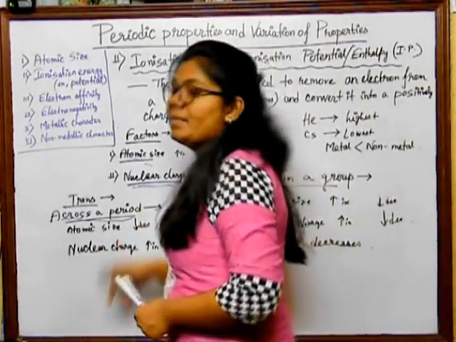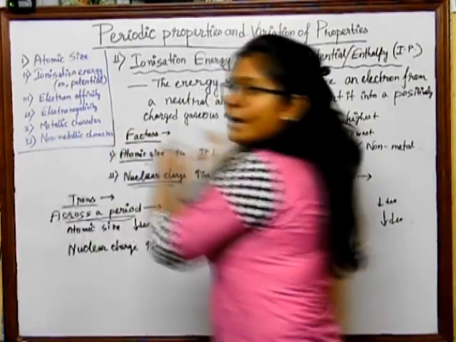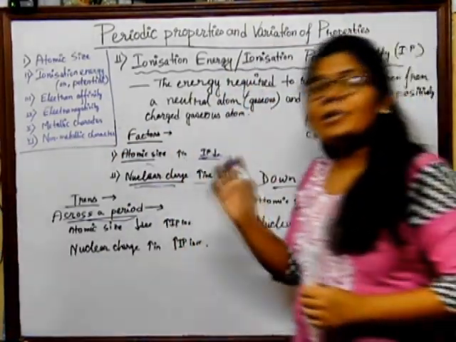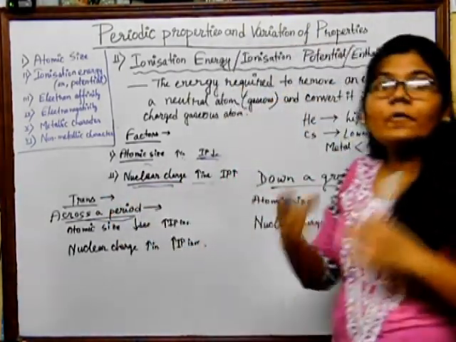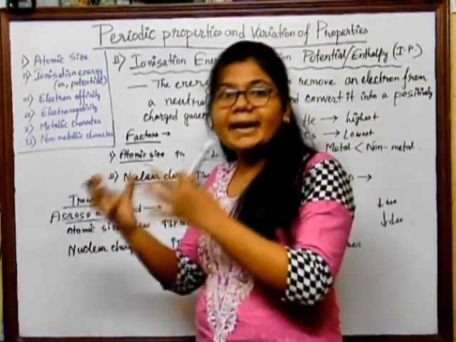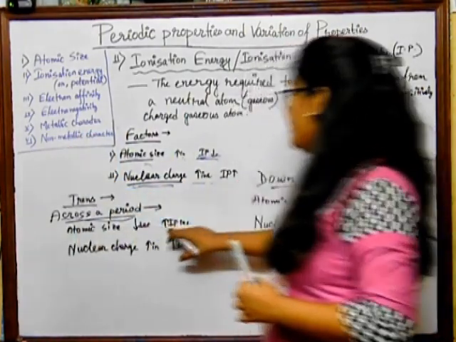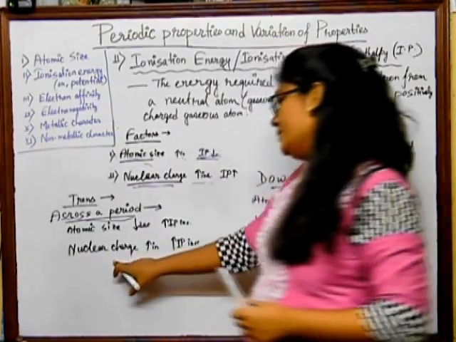Across a period, atomic size from left to right is decreasing, meaning the attraction of the nucleus is increasing. So we have to provide more energy to remove the tightly bonded electron from the outermost shell. So IP will increase. Next, nuclear charge.